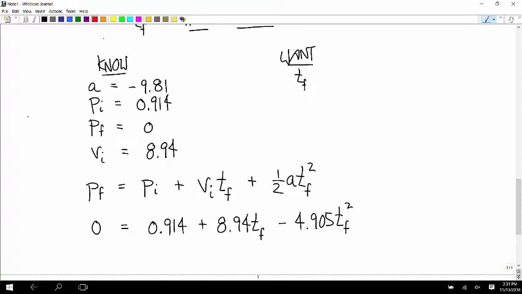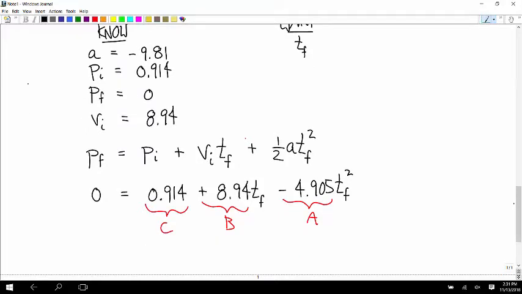And the easiest way to do this, really the only way I would say any of you should solve this, is quadratic formula. So this is your A, this is your B, this is your C.